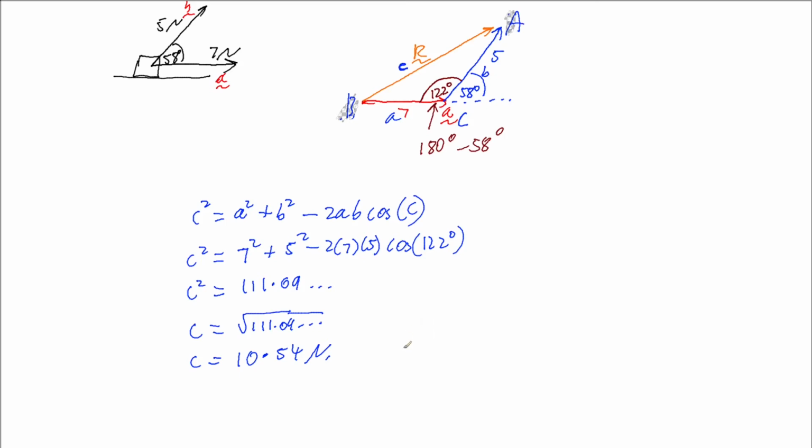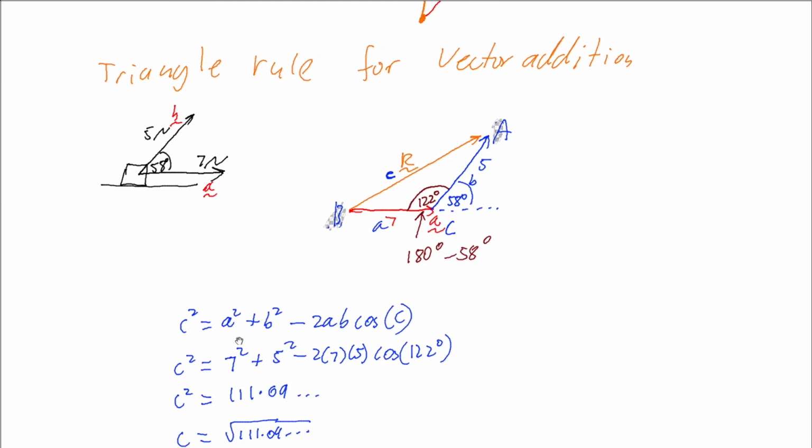So now I've got to start looking for an angle, which means that I need this angle in here. I want to know what is angle, in this case, angle B. So I can move to my sine rule, because now I've got an opposite side and angle.